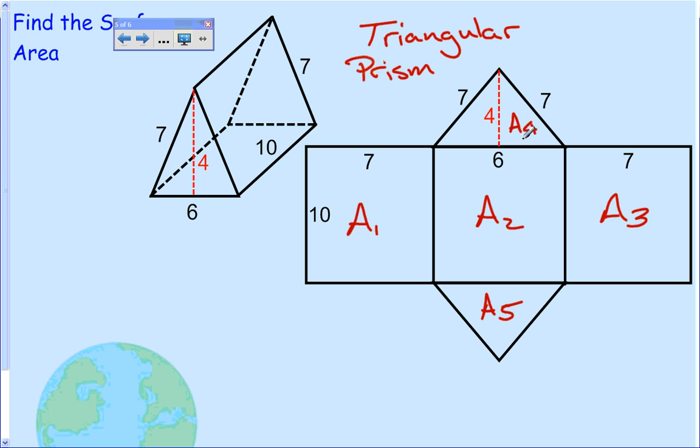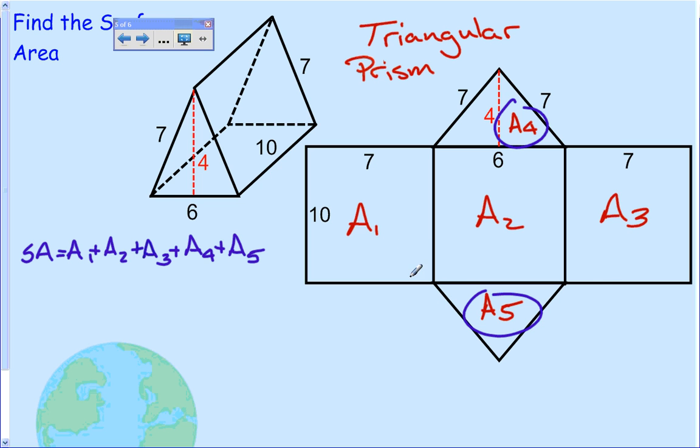Now, let me write this out. The surface area is represented by area 1 plus area 2. Now, we're not going to do all this work because we're going to simplify this. Plus area 4 plus area 5. First of all, area 4 and area 5 are the same, right? So I can just take area 4 times 2.